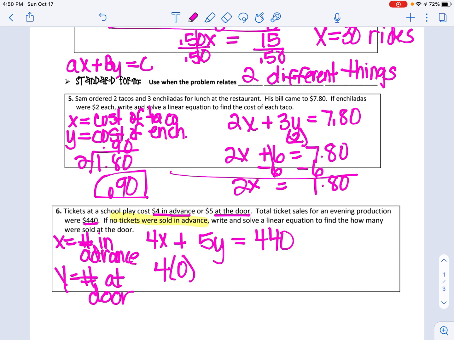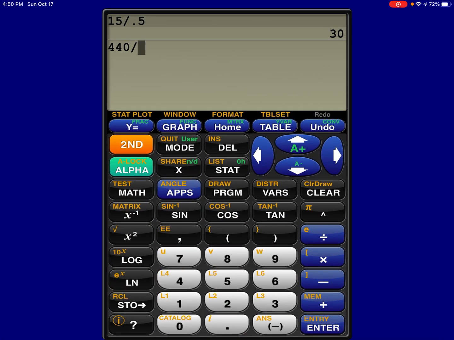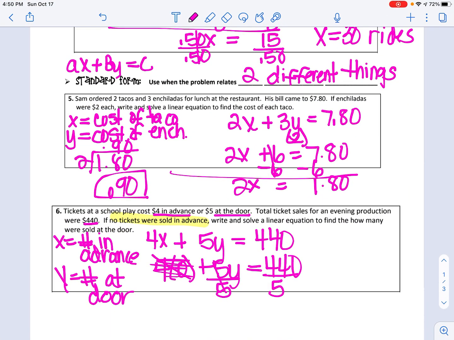So I'm going to substitute 0 in for x, and I'm going to just solve for y. So this cancels out, so I'm going to divide 440 by 5, and that's going to be, 440 divided by 5, 88. Okay, so there were 88 tickets sold at the door.